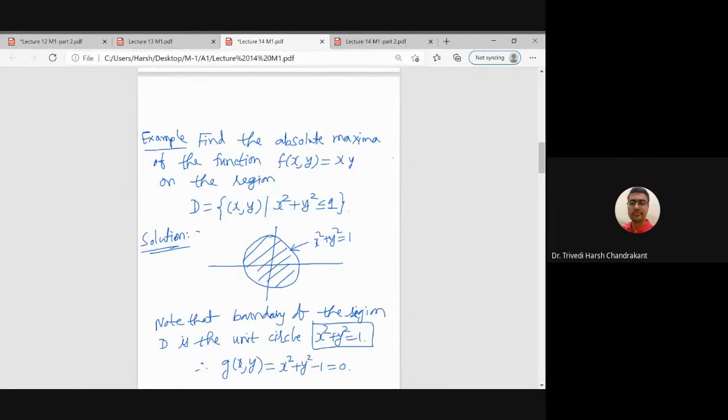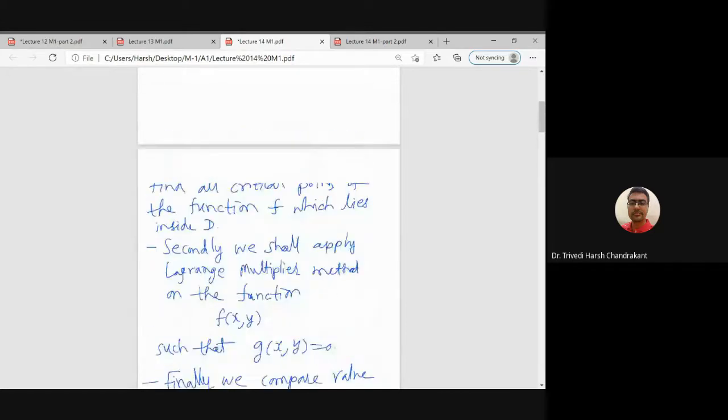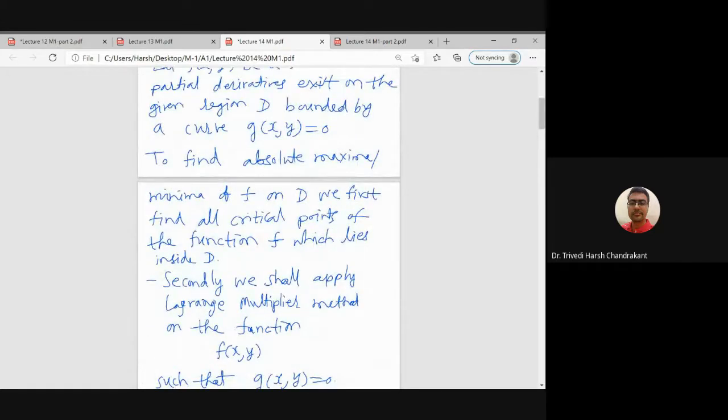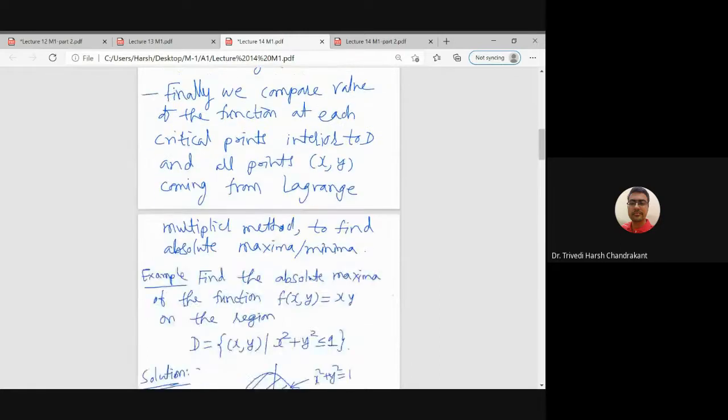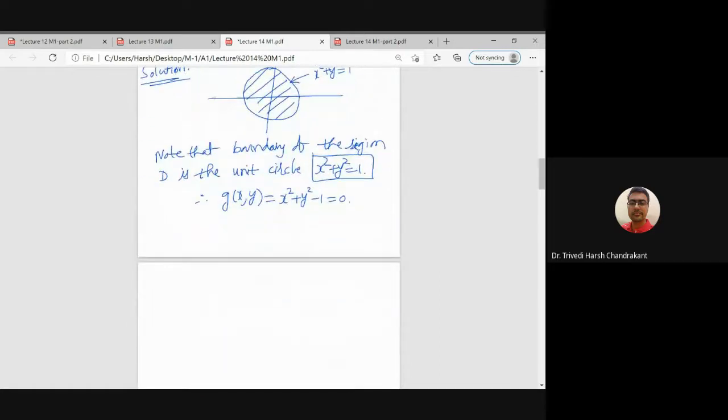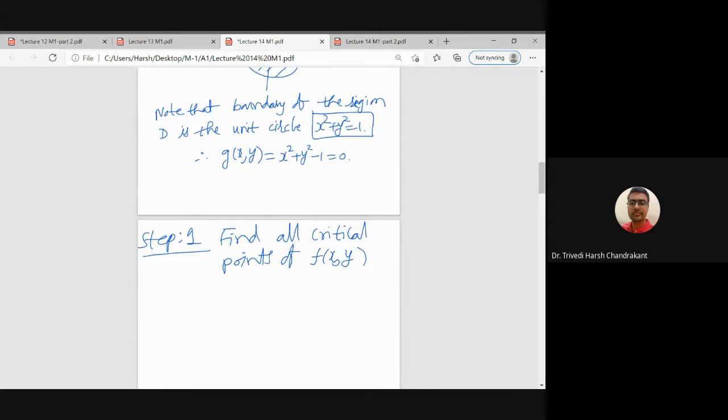So now we are starting this procedure. What is the first step? The first step is to find all the critical points. So step 1 is find all critical points of the function f of xy which are interior to the given region.